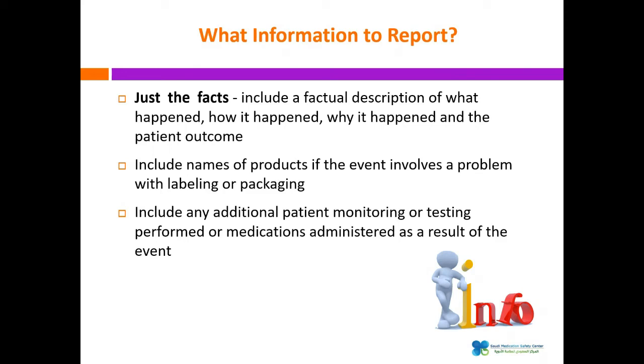Like the example with the rocuronium and midazolam, we need the names of the specific products and the companies if there was a problem with packaging and labeling. So these are the details that we need you to tell us when you report through the safety reporting system.